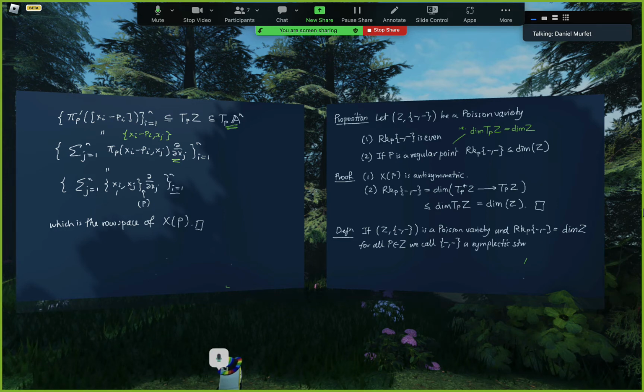In particular, the dimension has to be even. So a symplectic structure is just a full rank Poisson structure. I guess this actually implies that it has to be regular, the way I've written the definition, I think. So I don't have to add this as a hypothesis, but I might be a bit cautious about that.